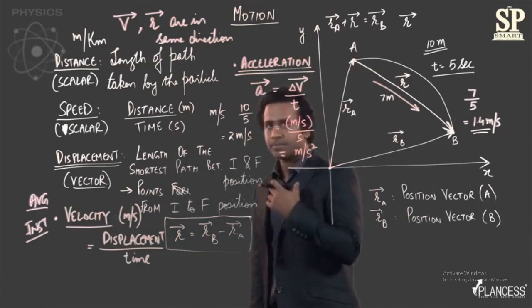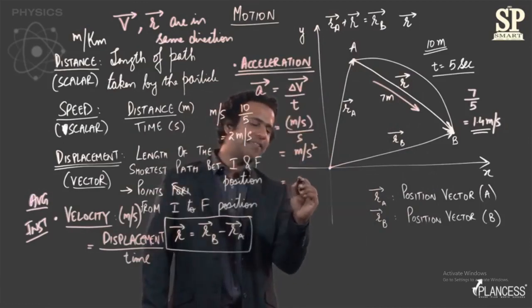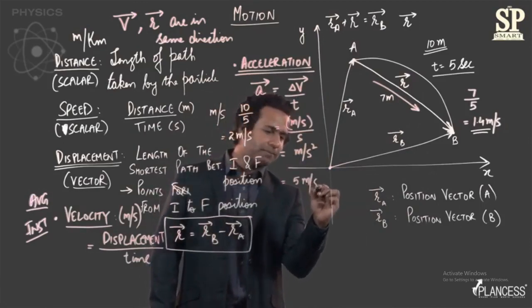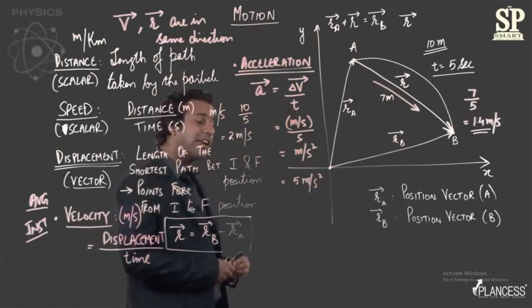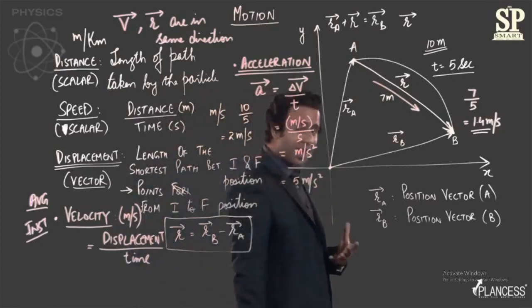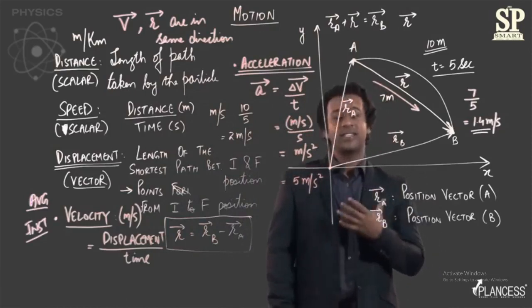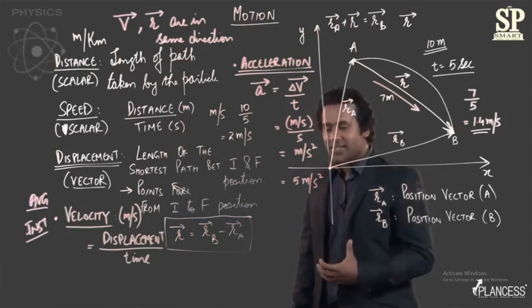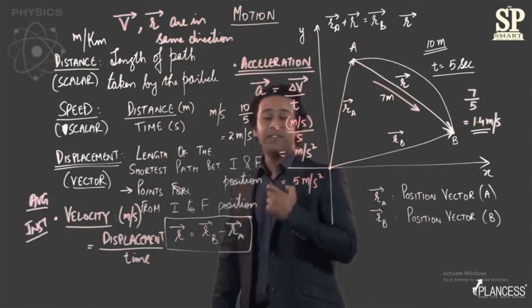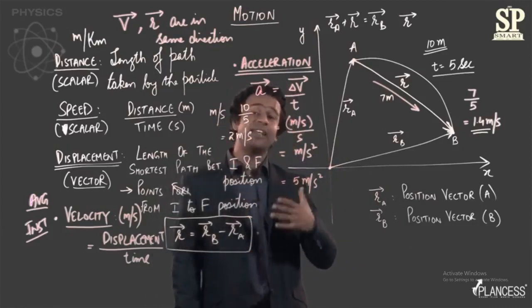Right. So if I give you a value of, let's say, 5 meter per second square, then what does this value tell us? It tells us that the particle is moving such that it changes its speed by 5 meter per second in every second.